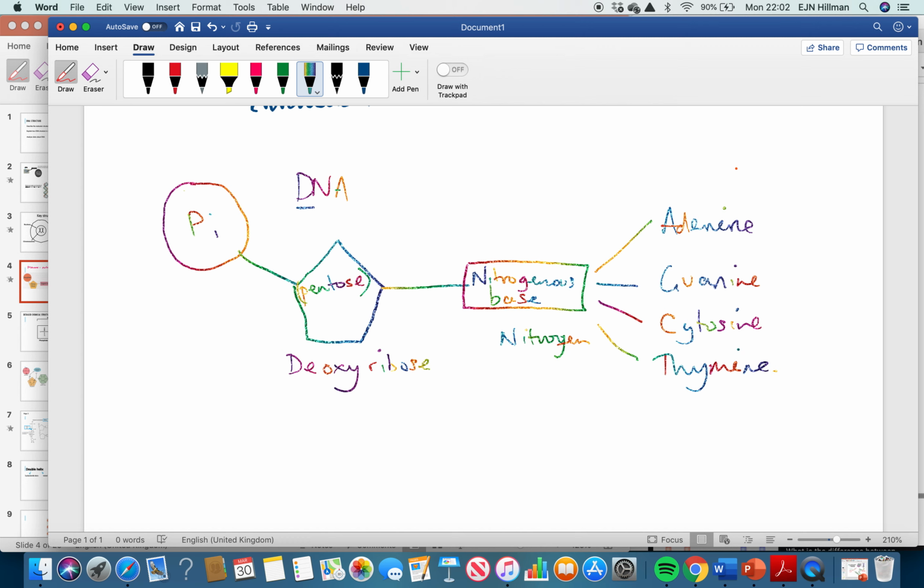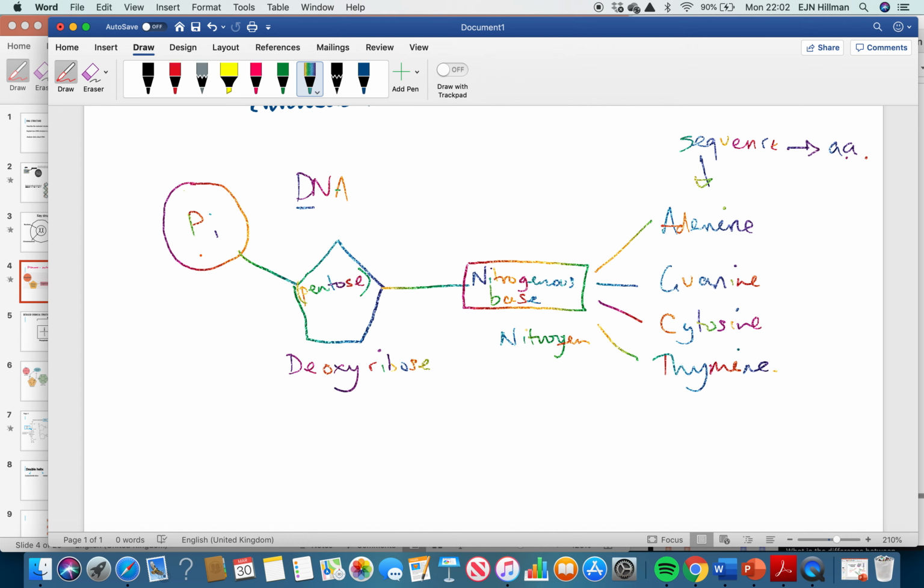Okay, and it's the sequence of these bases which determine the sequence of amino acids in a polypeptide or in a protein. Now, RNA is very similar to DNA in many ways, but there are some differences.